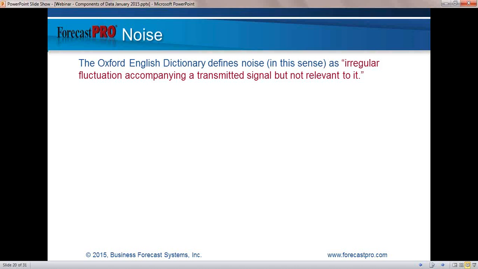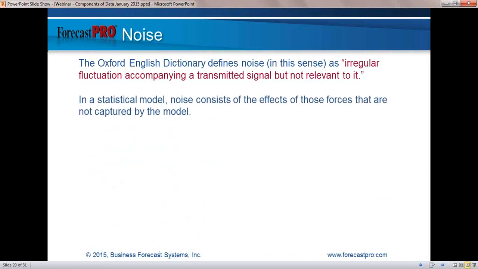So we have certain things in the data that we're interested in understanding. We call that signal. So what are the things we want to understand? Well, our components: trend, seasonal patterns, trading day variation, events. These are all the different signals, or the different things that we want to understand and forecast. But there's also stuff we can't explain, just random variation. This is the noise. It's the things we can't capture.